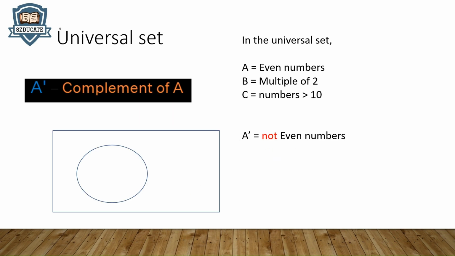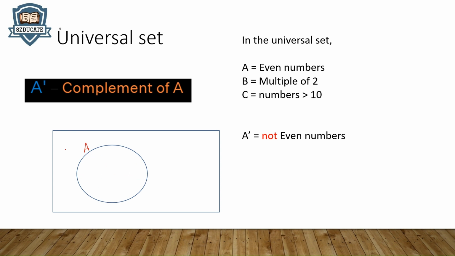Next, complement. If you see A and then there's a mark at the top, sometimes we read it as A prime. Some people read it as A complement. What it simply means is whatever is not A. So for example, if this is your Venn diagram, this is A. So A is whatever is inside.